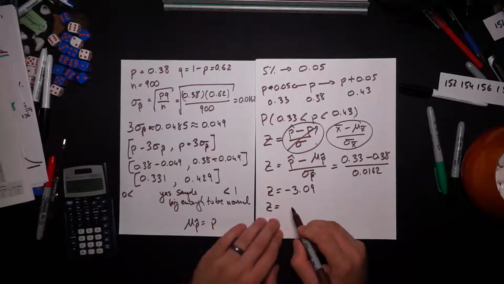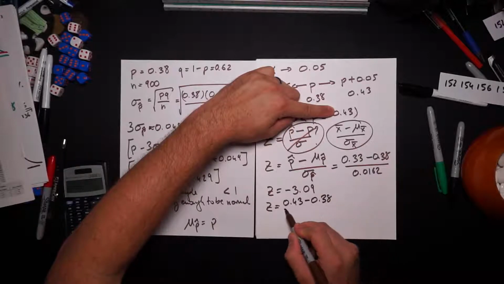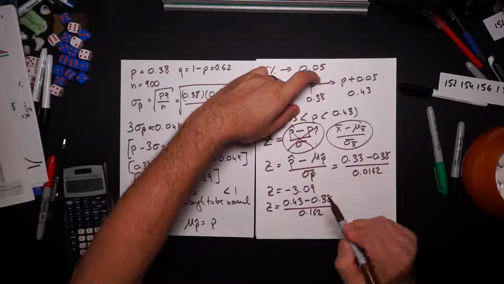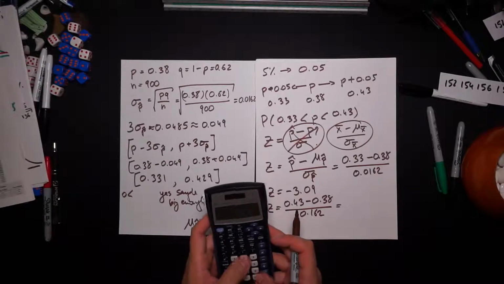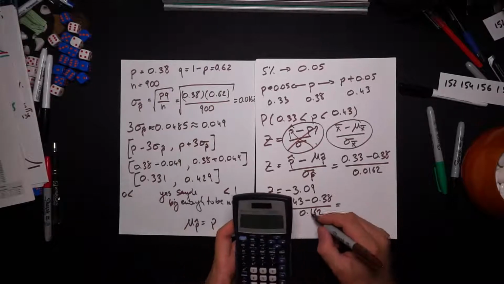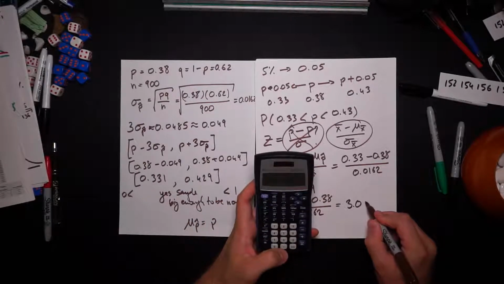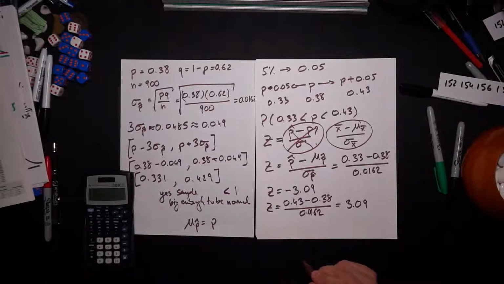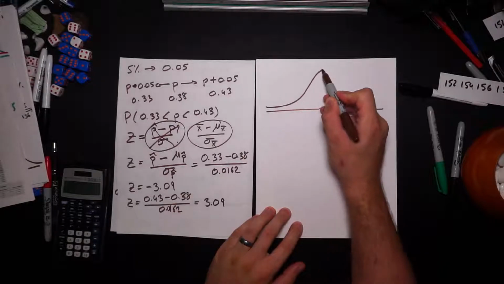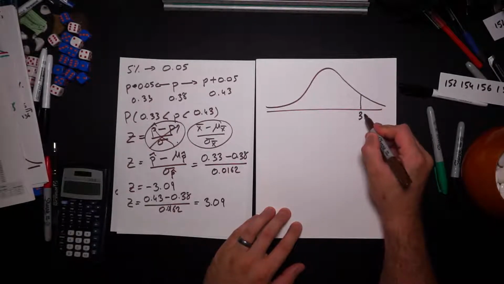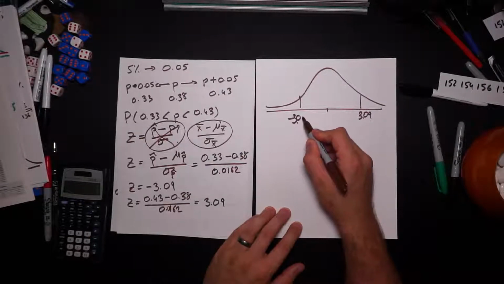Let's calculate the z for the other one. So I have a z-score, and two z-scores. That's negative 3.09.